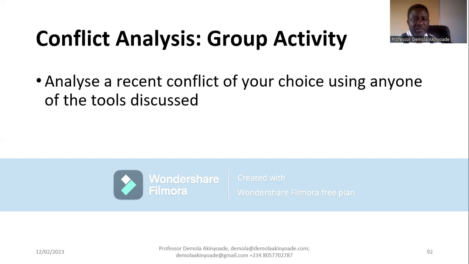Within these elements, we now use smaller tools to analyze the specifics of each element. So whatever analysis we are doing, whether we are using the PCAD or whatever tool, we must identify at least those 4 elements for us to make sense of the conflict.